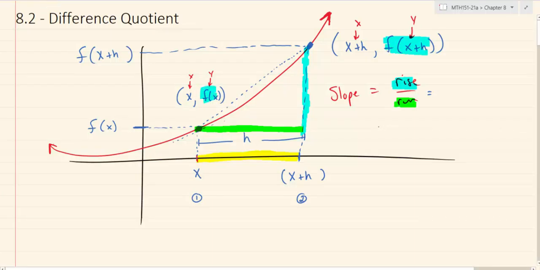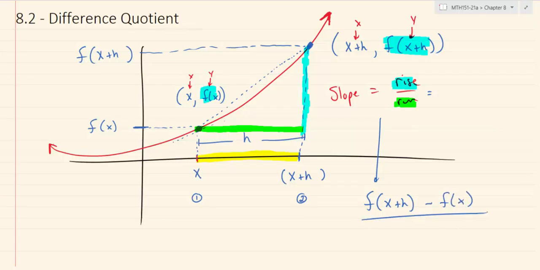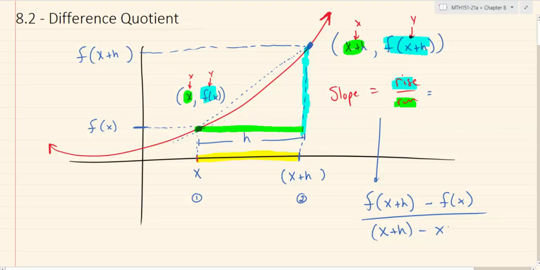So if we take this down here, that's going to be f of x plus h minus f of x. What's the change in your x-coordinates? X plus h minus x. And x plus h minus x, the x minus x, they're going to cancel each other out. So we're just going to end up with an h here.